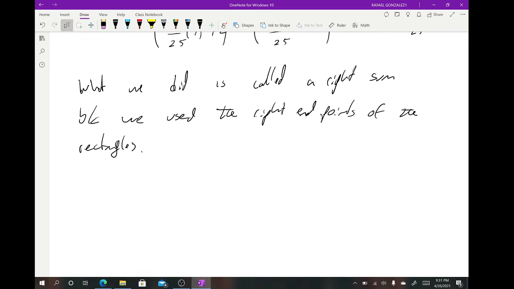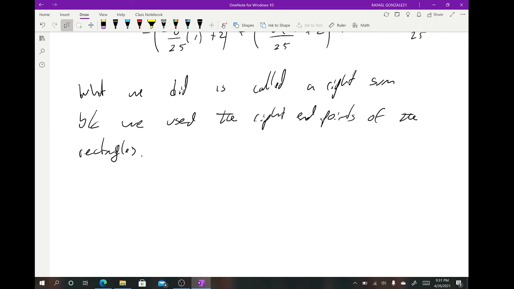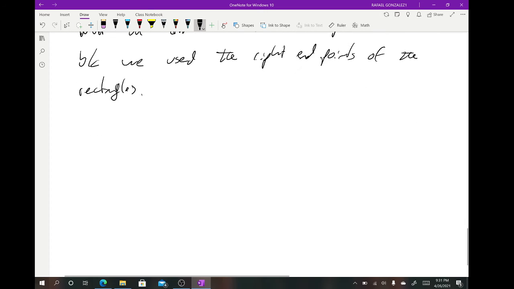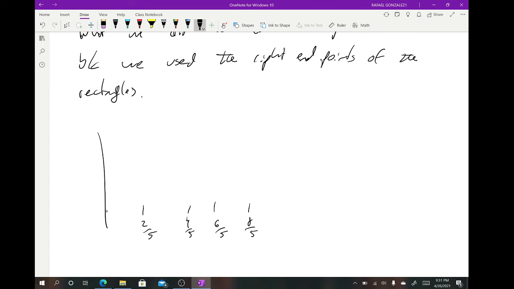So what we could have done is a left sum, and for a left sum, for the same picture, we have 2 over 5, 4 over 5, 6 over 5, 8 over 5, 10 over 5, and 3, 4, 5.